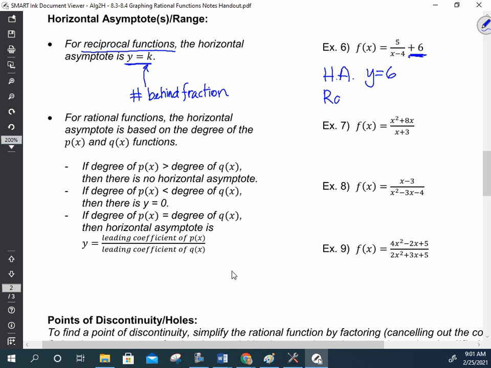So your range: y cannot equal 6. It will flirt with that line, but it will never touch that line. So again, if it's a reciprocal function, it's pretty simple to deal with.